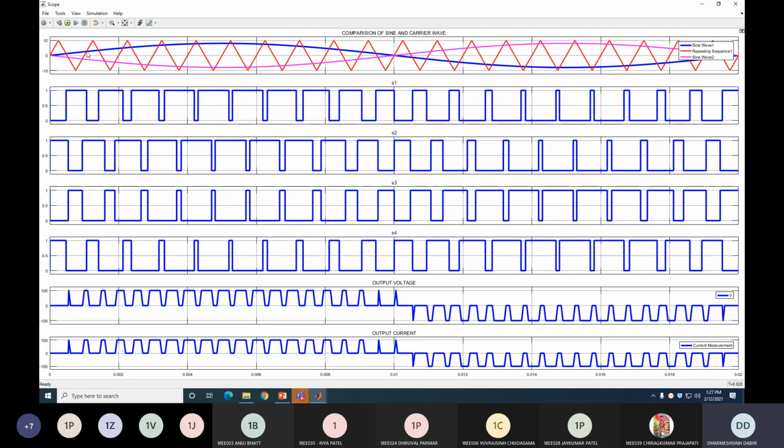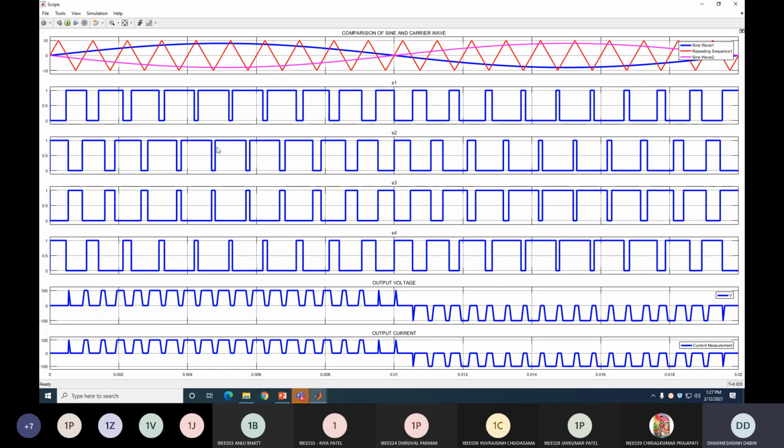So you can see that between these 2 points, from this to this, that provides the gate pulse for switch S1. And exactly complementary to this is the switch number 4 gate pulse. You can see when switch number 1 is on, at that time the gate pulse of switch number 4 is 0. And when switch number 1 is off, it means 0 output, at that time the switch number 4 gate pulse is 1. Yeah. So S1 and S4 gate pulses are complementary.